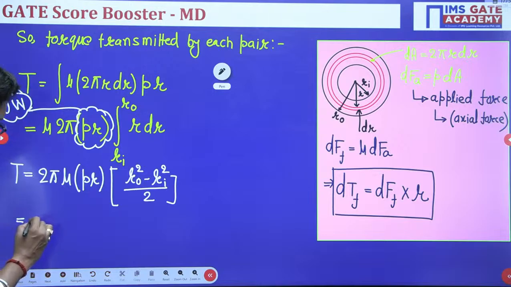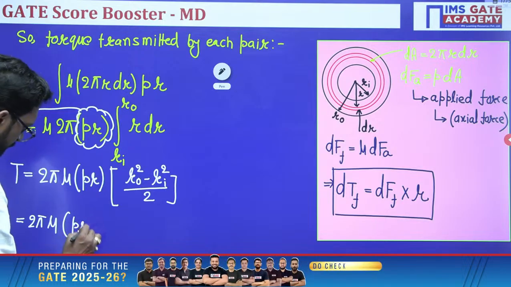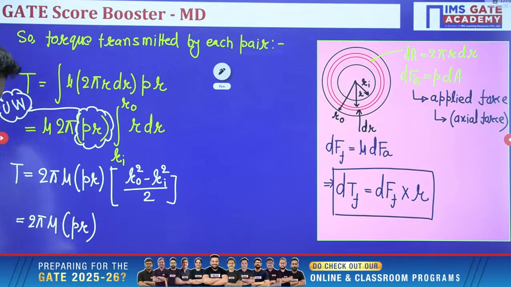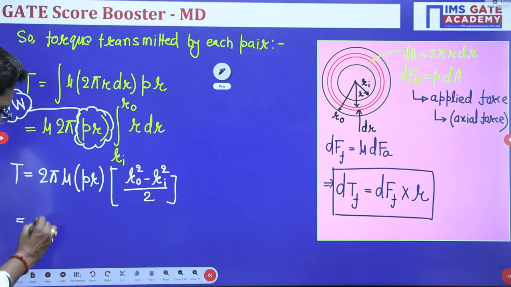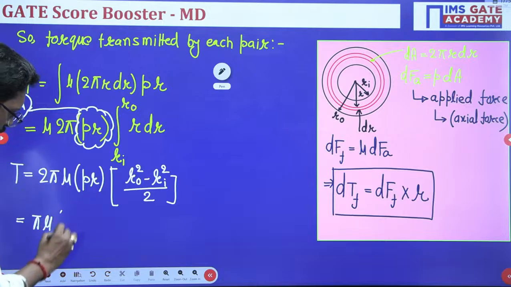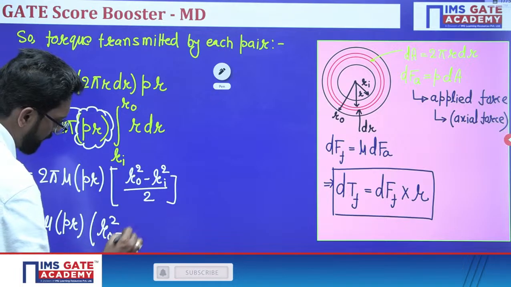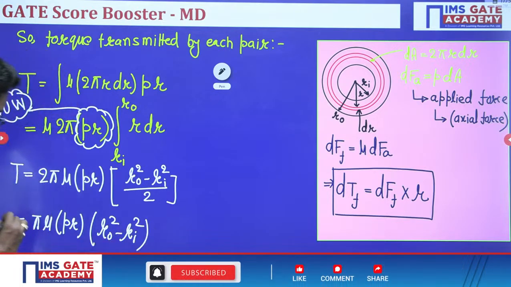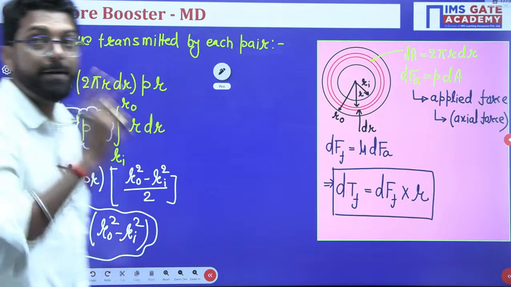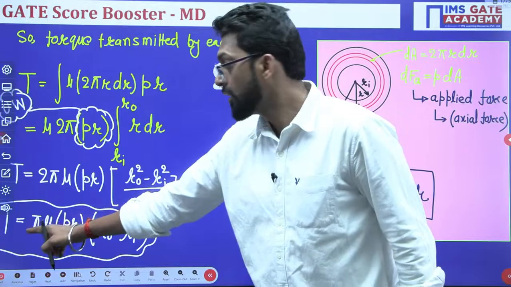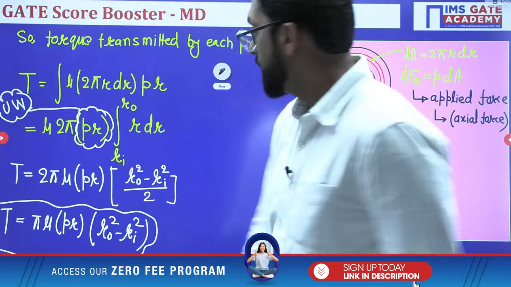So, this is your 2 pi mu P r, the 2 cancels, pi mu P r into Ro square minus Ri square. This is the torque transmitted by each pair. Single pair is there, so we are not multiplying n. If there are 2 pairs, we multiply by 2. If there are 3 pairs, multiply by 3. Clear? So, this is our torque.